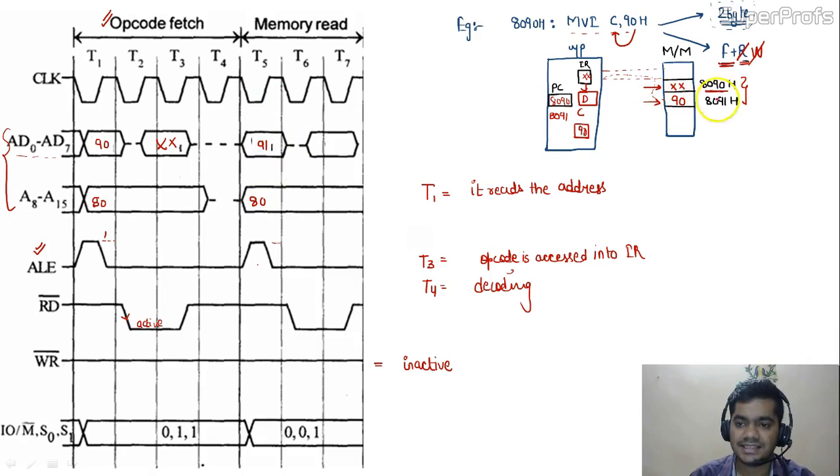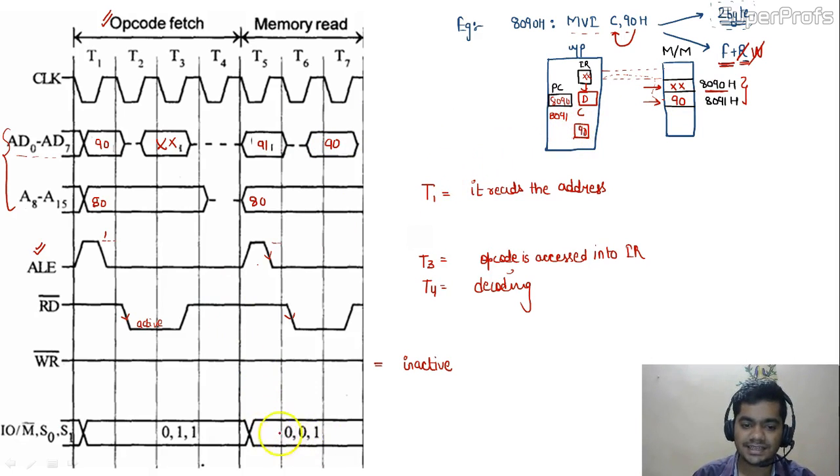Now as this is latched with the microprocessor, ALE would again become low, and the read signal is active, it means that AD0 to AD7 are working as data lines. Now the data, that is 90, would be transferred and stored in this C register.